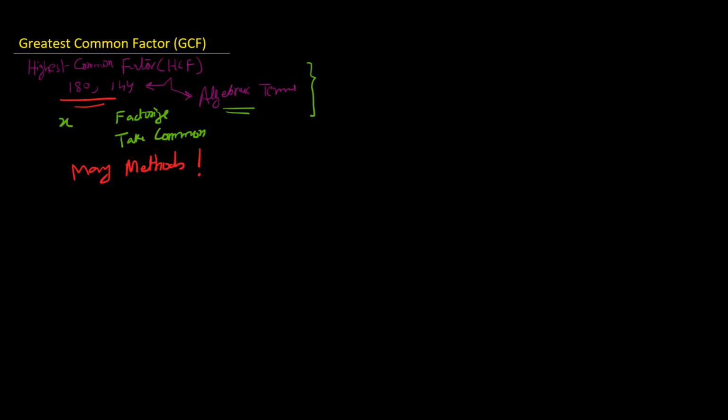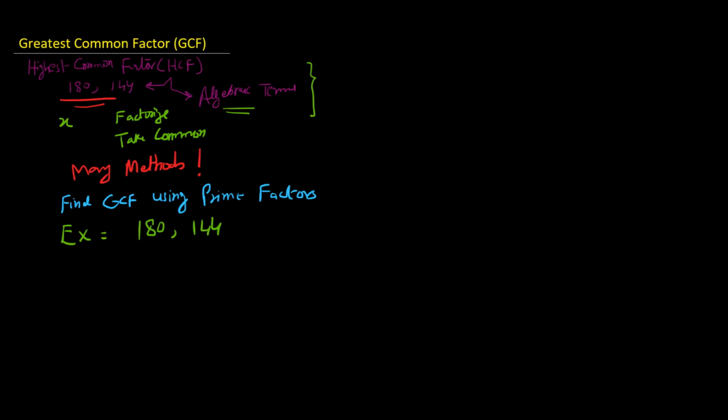So the first method is finding the GCF using the prime factors. We have already discussed prime factors and how to find them, and you can see it in any of the previous lectures. So for example, we have two numbers, 180 and 144, and we have to find the greatest common factor between these two numbers.